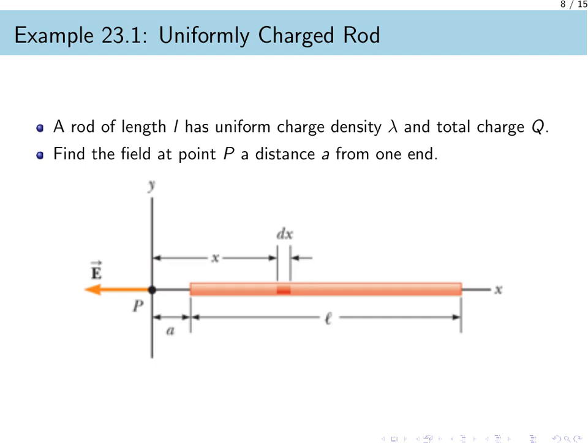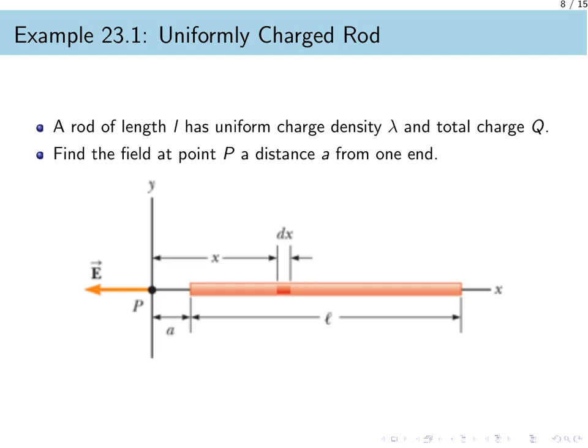We have a rod of length L with a uniform linear charge density and a total positive charge Q. We want to determine the electric field at point P, which is located on the axis of the rod, a distance a from its left end.